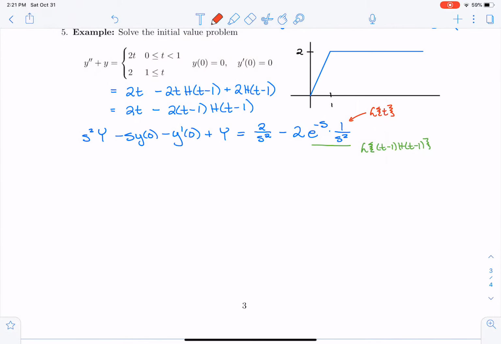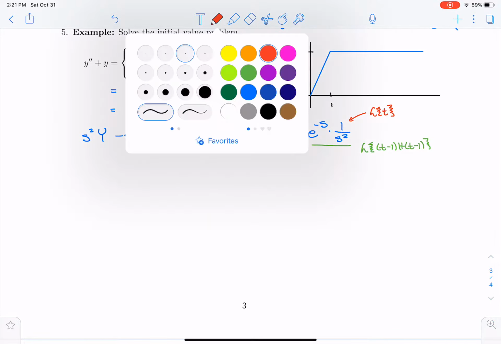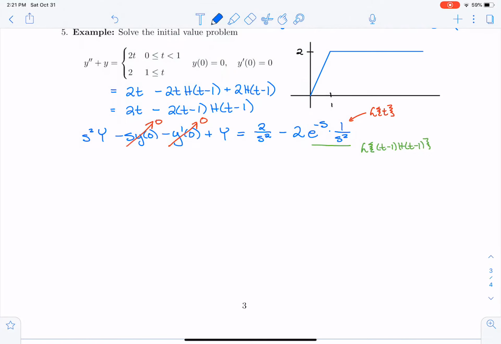Now, I'm going to plug in the initial conditions. We made them both 0 so that this system is really only responding now to the forcing term. It's not having a response to the initial conditions. And so we're going to get s squared plus 1 times Y is going to equal 2 times 1 minus e to the minus s over s squared.